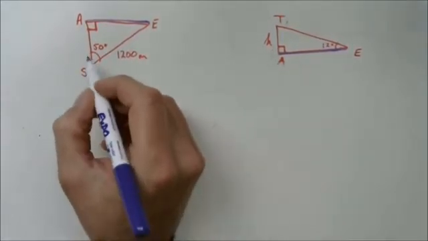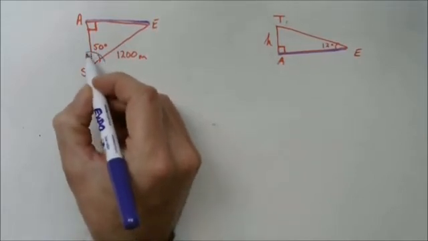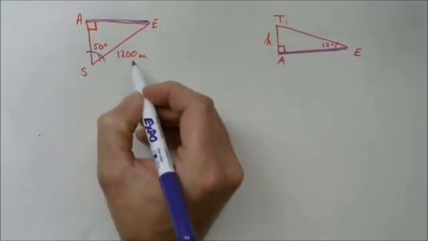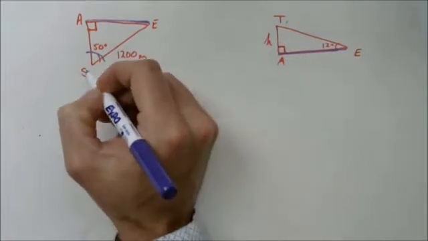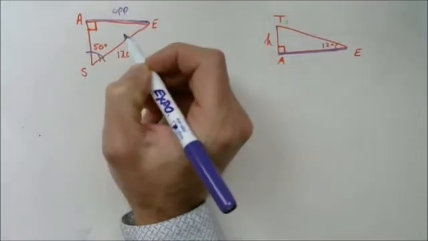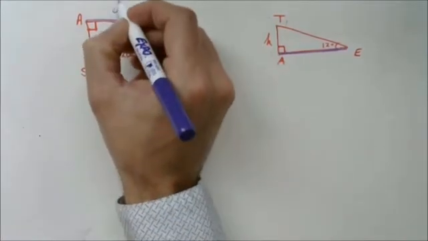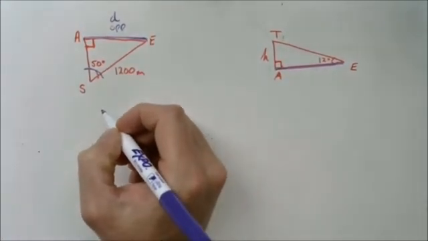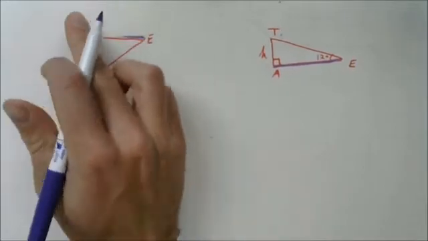So I'm given the angle of 50 degrees, angle S. I have the hypotenuse, and I'm looking for the opposite. Let's just call that the distance from A to E. So it is the opposite.